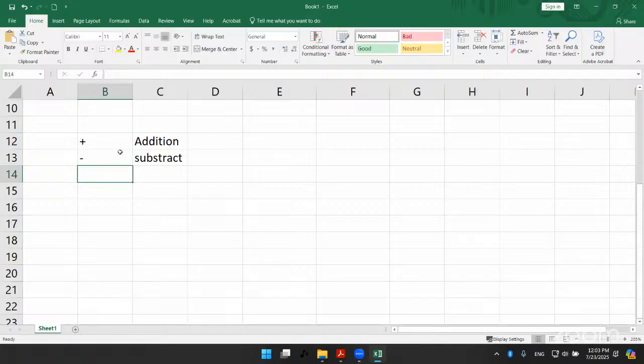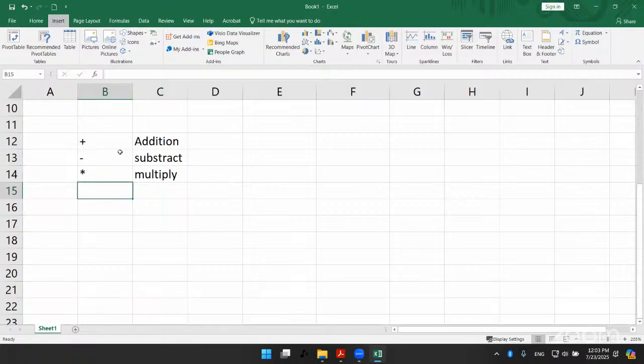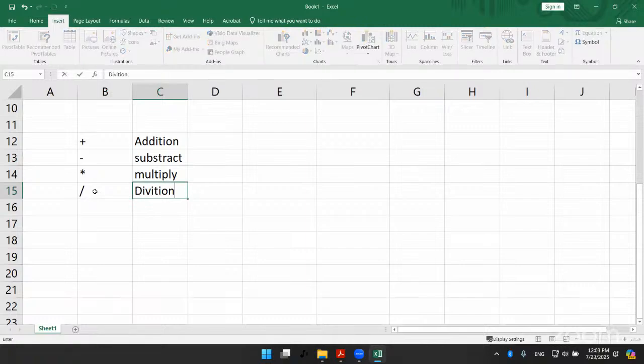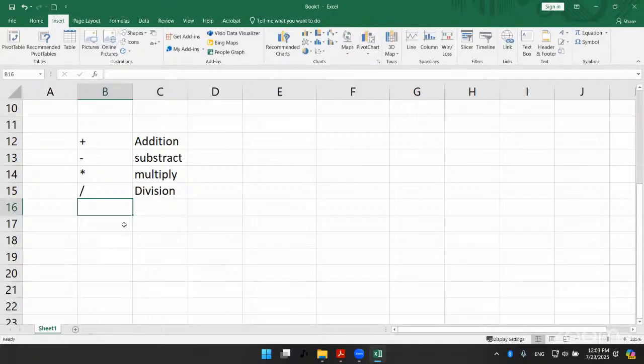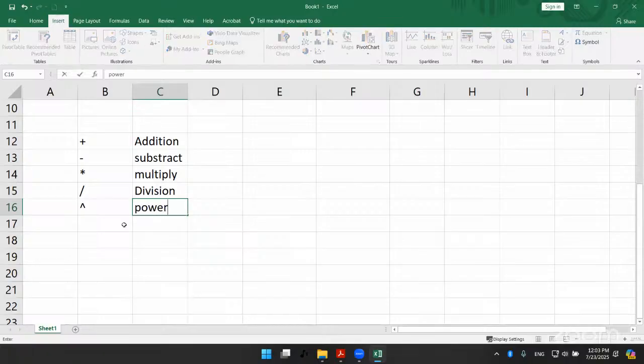Okay, so then we have multiply, division. Not this key. And then we have the power. Those are the operators we have.